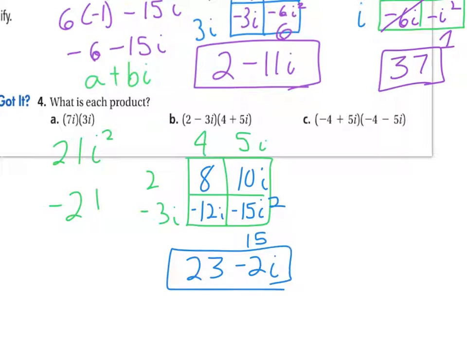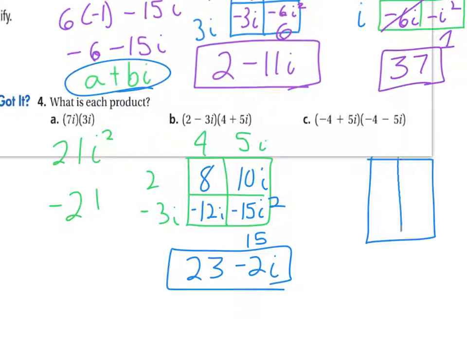And again, always in that standard form for a complex number, a plus bi, which I've got right there. Hey, look, this looks special again. Negative 4 plus 5i and negative 4 minus 5i. Let's see what we come up with here. Again, pay attention to patterns as we're going through this.